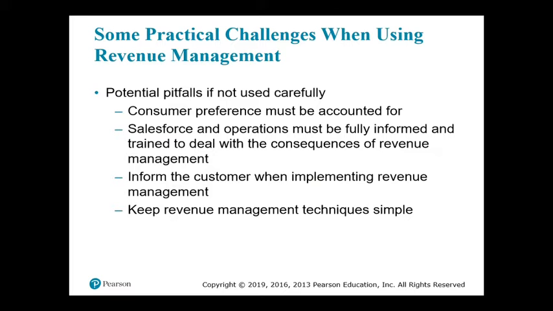But there are exponentially increasing effort costs when we increase the complexity of our revenue management scheme. So if any additional decision variable does not add significant value, we should really avoid adding it.